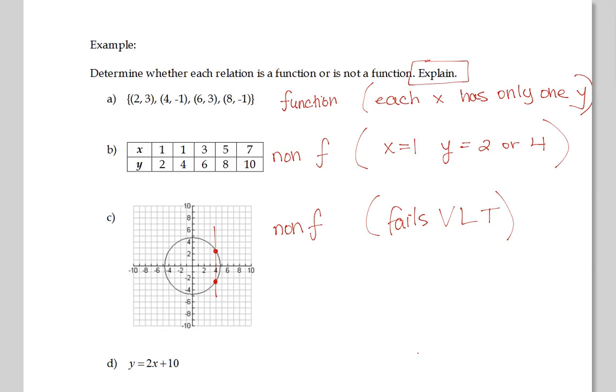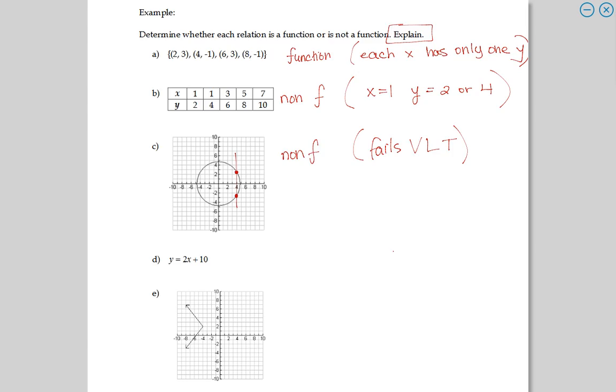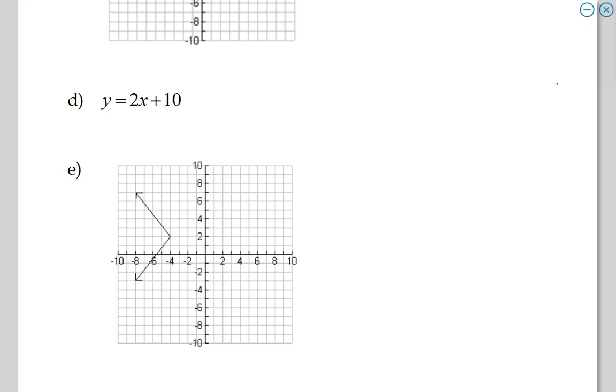Now this next one's tough because it's just an equation. Y equals 2x plus 10. So if you're stuck on this, what you can do is you can build a table. I like to try some numbers that are easy.